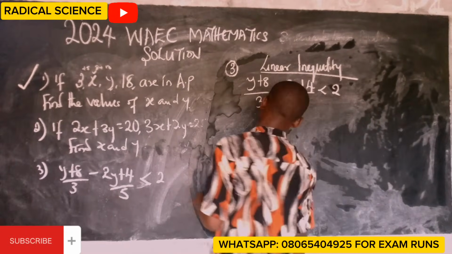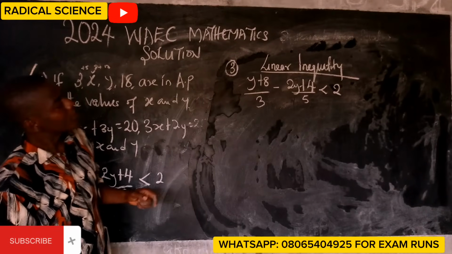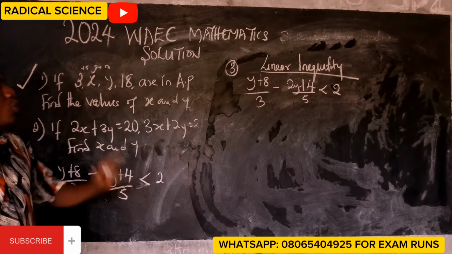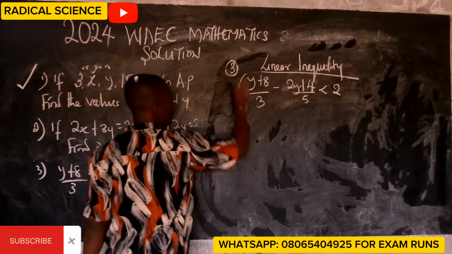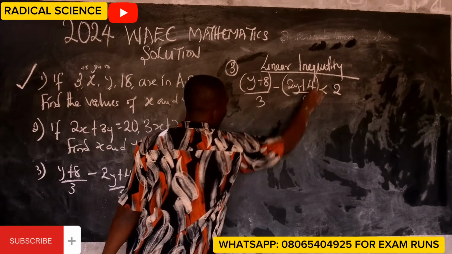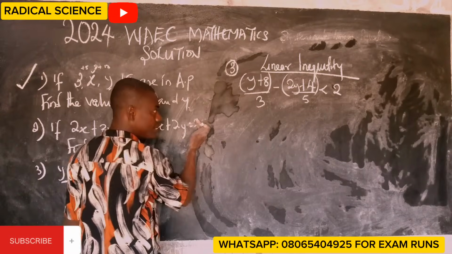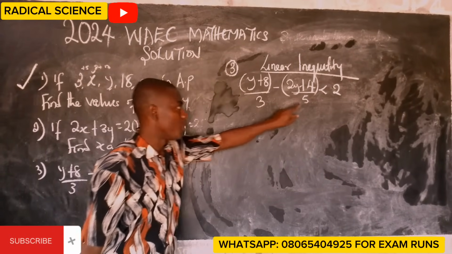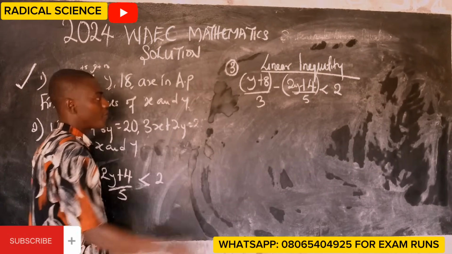Please, let's continue. This is the question. We want to find the value of y. In order not to confuse ourselves, let's put this in a bracket to show that this is a different entity and this one is a different entity. It has denominators 3 and 5.